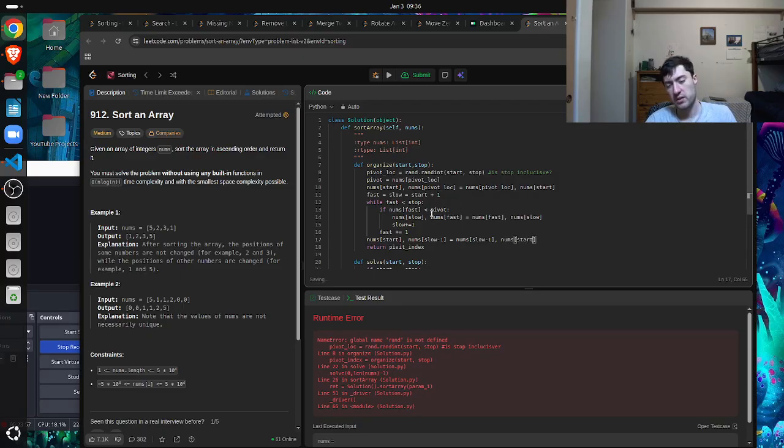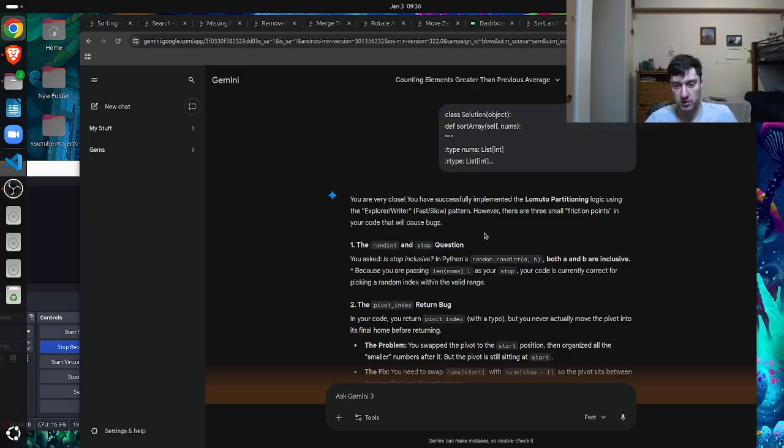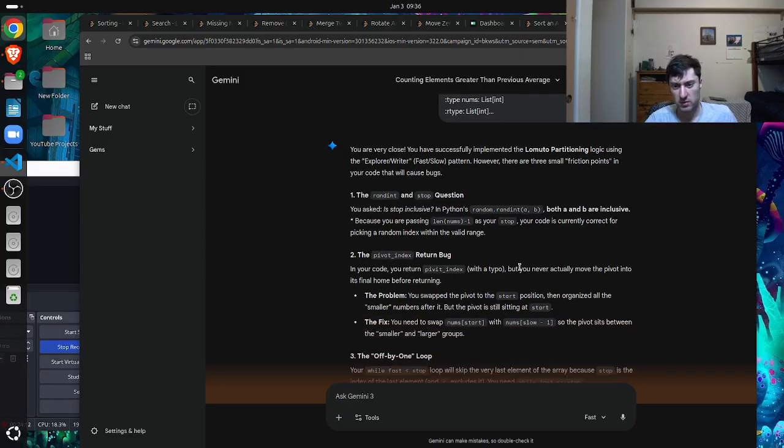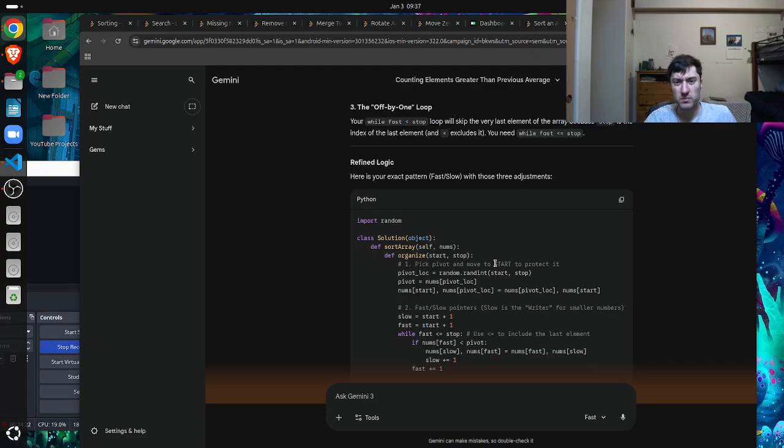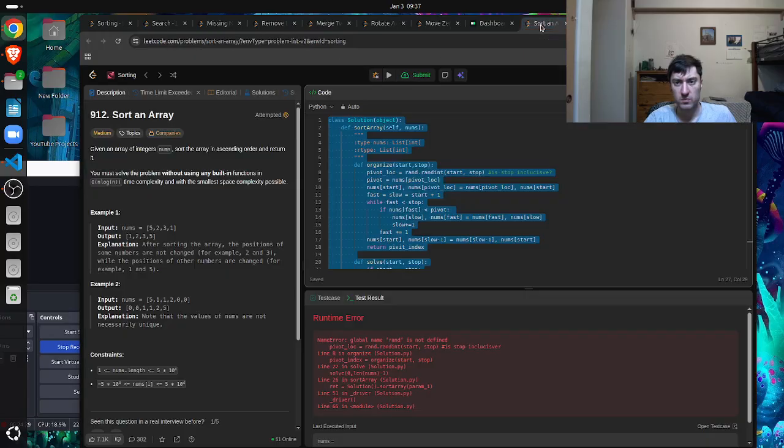This, right? Because I need to put that 0th element back, but... Let's see where it says that I did things wrong. Okay, yeah, that actually, I just swapped it. Right, we do need it inclusive, okay.